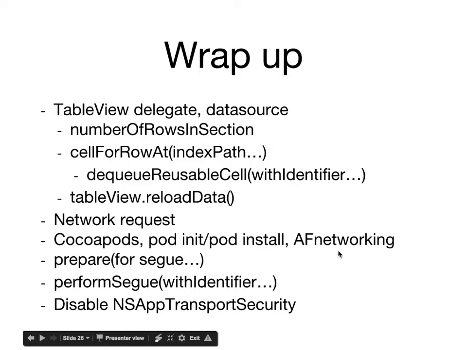You may want to use something else like Alamofire, but just bear with me and use this one first. Don't use any other library for now. And prepare for segue is where you set everything before you move to the next page. That is where you set up the things you want to pass to the next one.